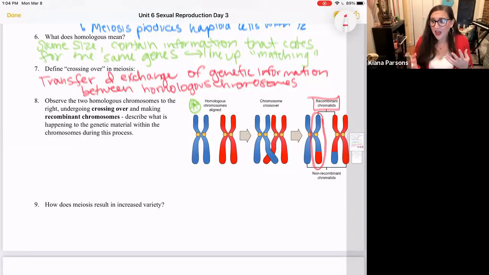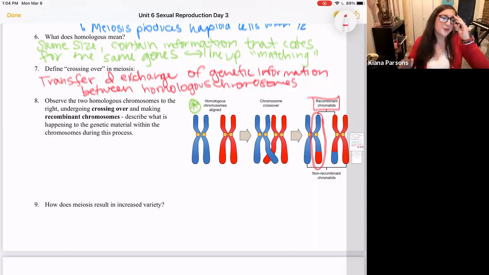So by doing that, we can create brand new DNA combinations in organisms of the same species, but whole new genes just dropped, guys.